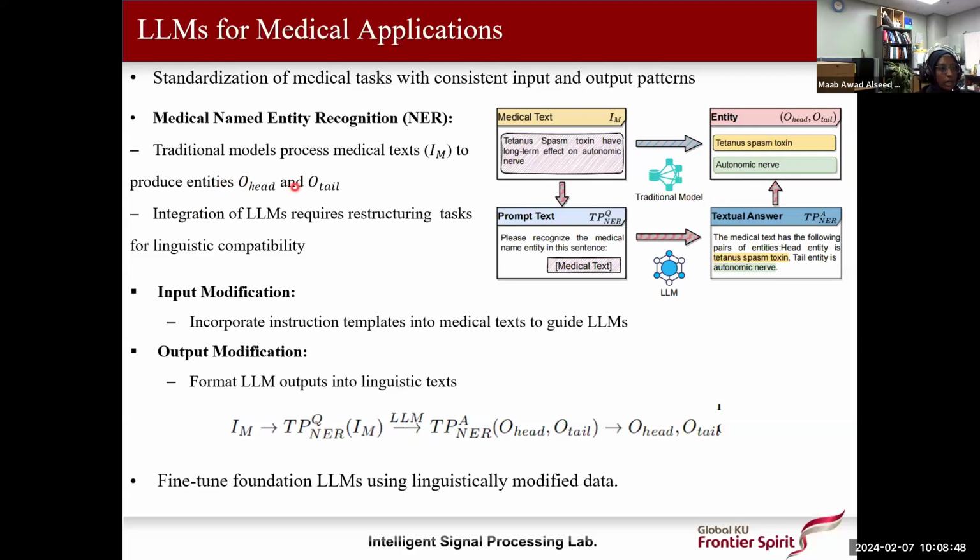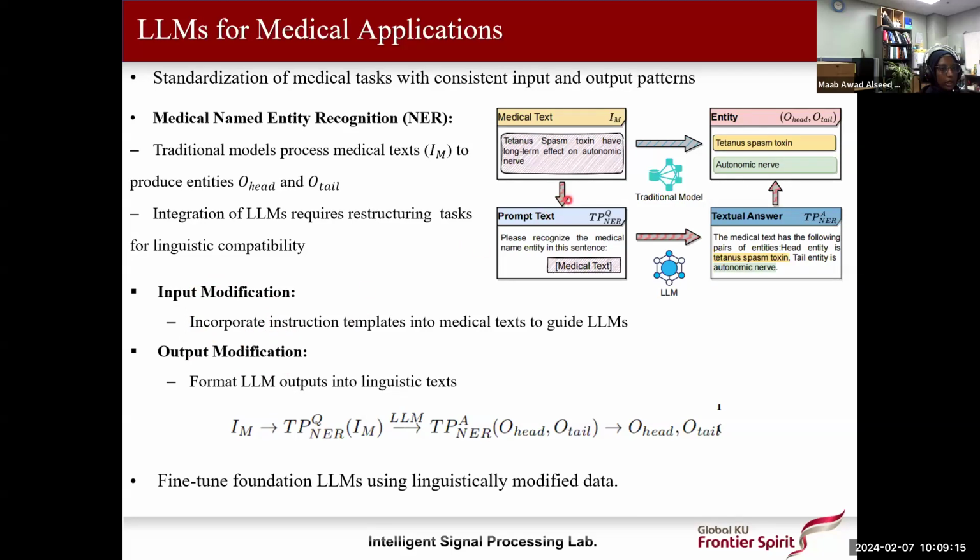When we try to use a large language model for such a task, the problem is that the large language model usually expects the input and the output to be linguistic. So we need to restructure the task datasets to be compatible with the large language model structure. We need to modify the input.